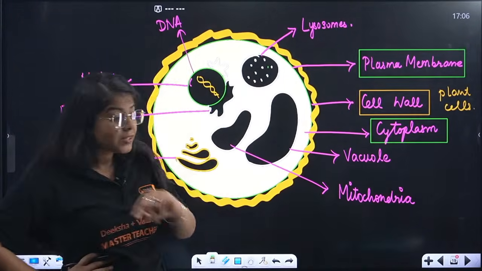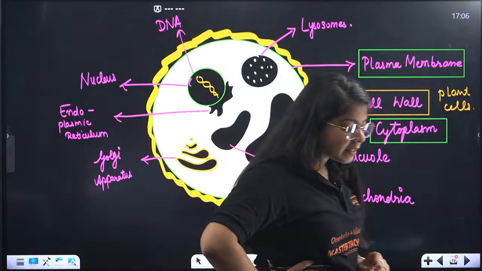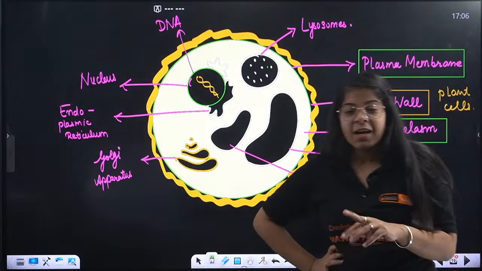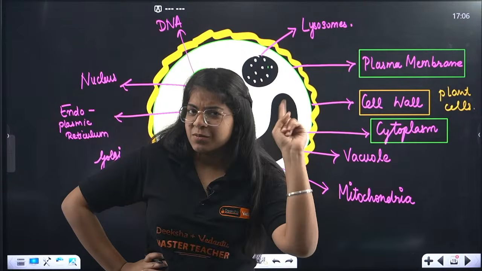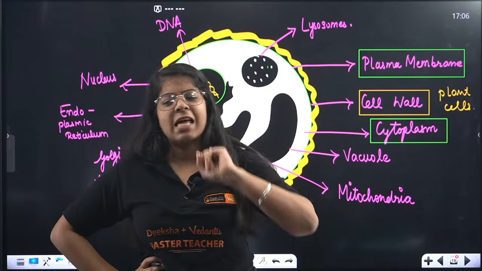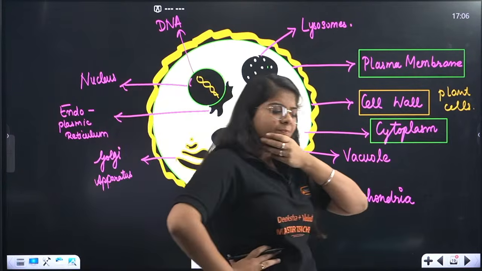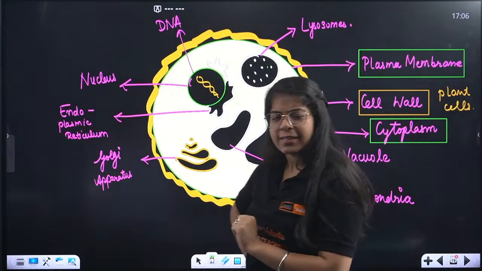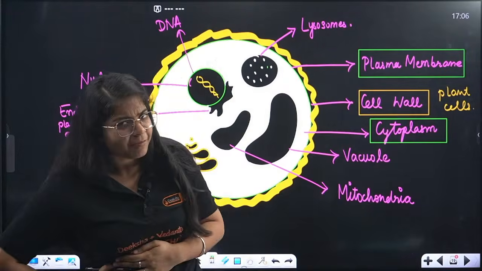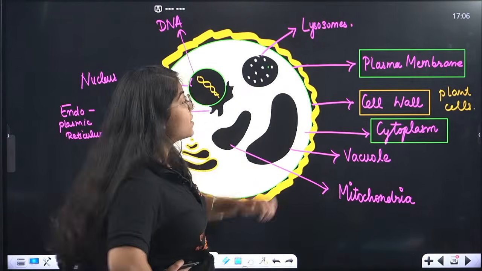Give me one answer. Plasma membrane and cell wall are very different things. Plasma membrane was the correct answer. You gave the right answer. Trust yourself.